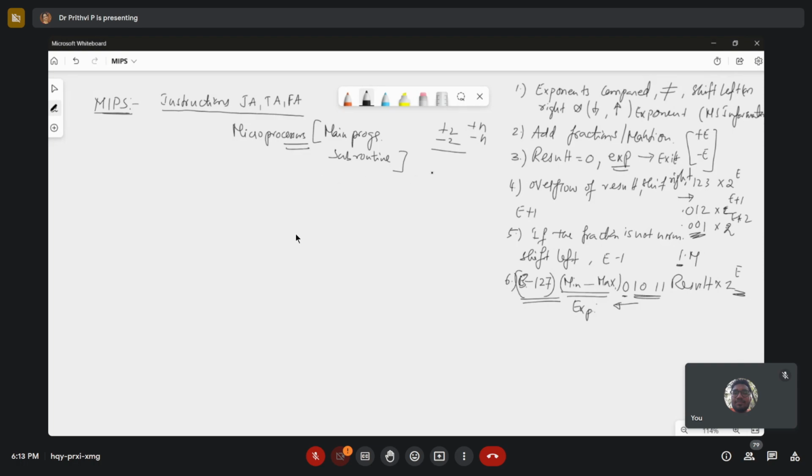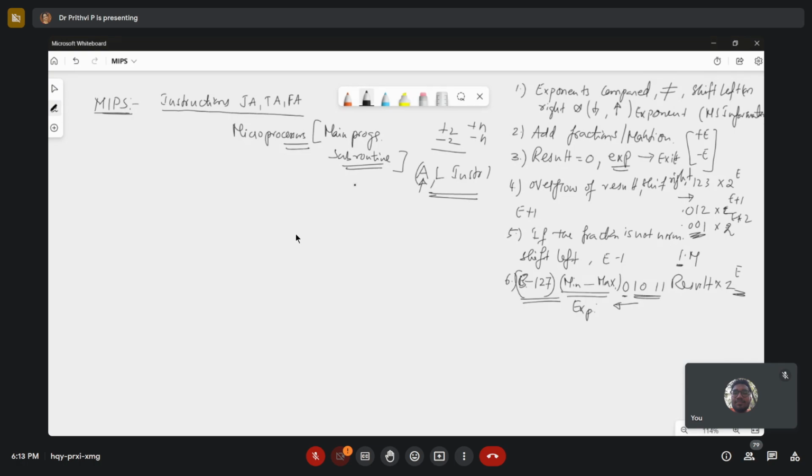Something like arithmetic logical instructions. All your addition, subtraction, multiplication, division come under arithmetic, and logical means AND, OR logics, or the conditional evaluations. So arithmetic and logic operations will be performed, as well as subroutines.